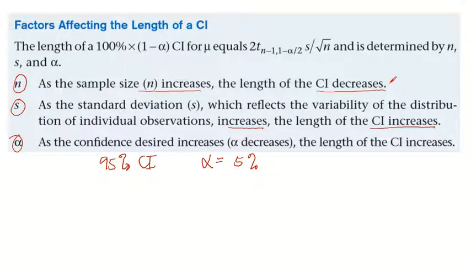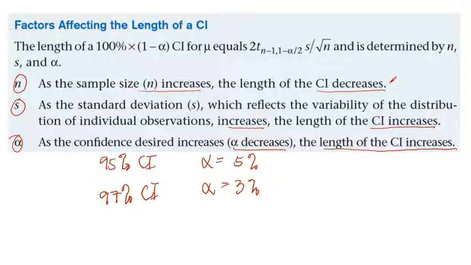Okay? If we increase this confidence interval, if we make it 97% confidence interval, what will be our alpha? Our alpha will be reduced to simply 3%. So alpha decreases and the length of your confidence interval increases. Okay? So as you decrease alpha, your confidence interval increases.